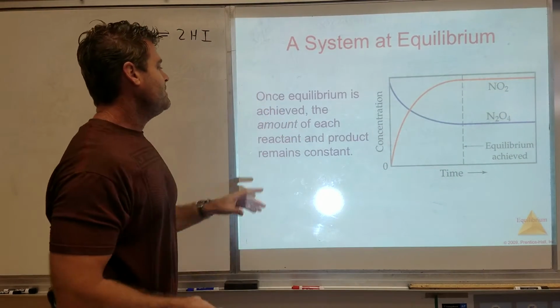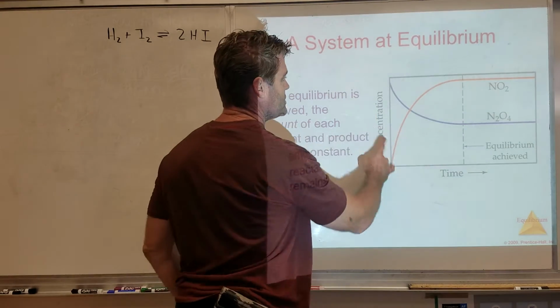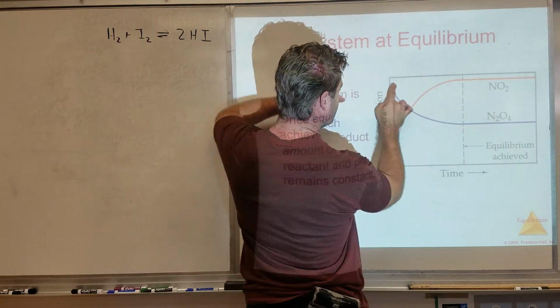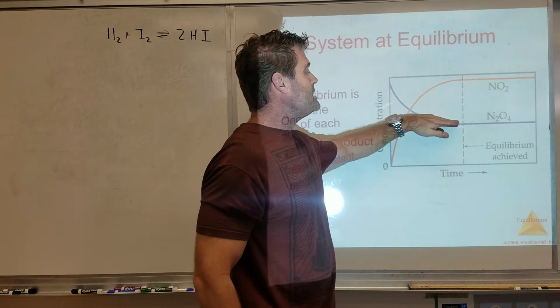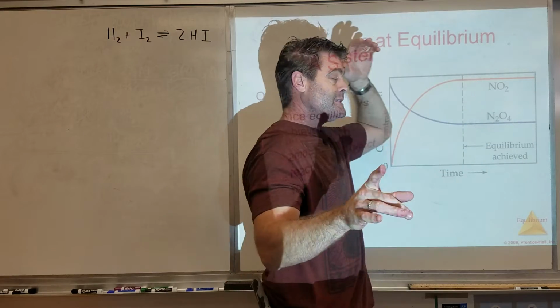Once equilibrium is achieved, the amount of each reactant and product remains constant. So now look, concentration. You guys remember this was our reactant N2O4, and obviously the concentration goes down as it proceeds. But once it reaches equilibrium, the amount of N2O4 stays the same, and here's the reason why.